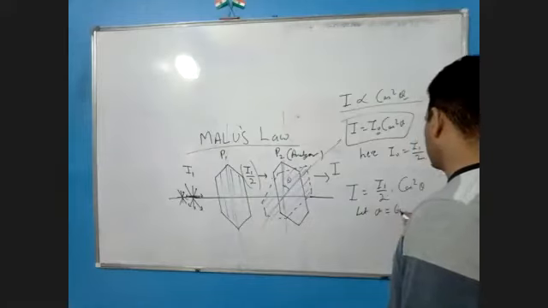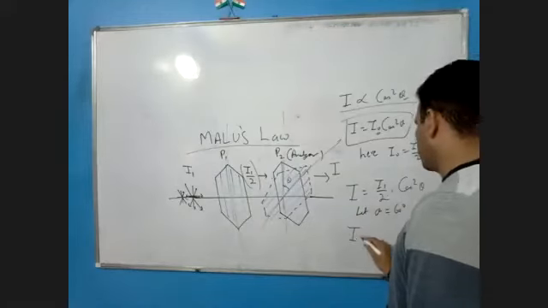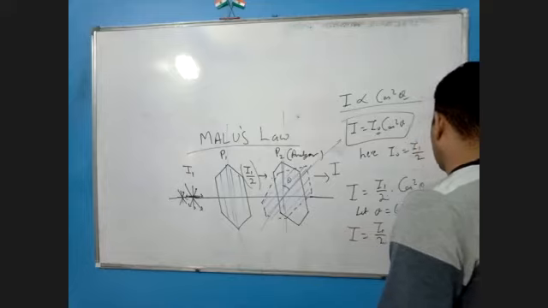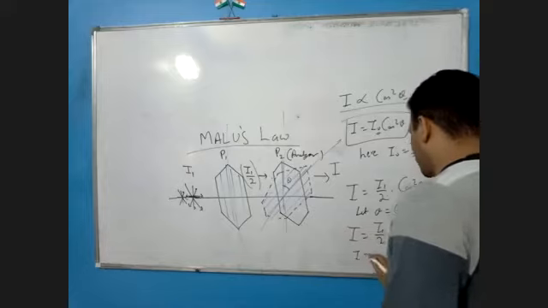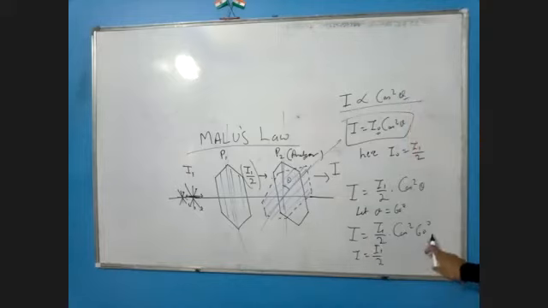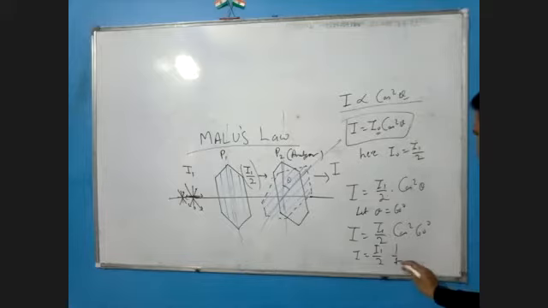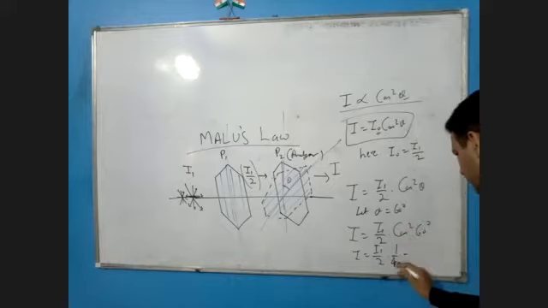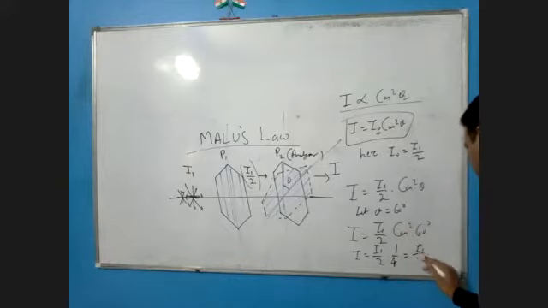So I equals I1 by 2 into cos square 60. Cos 60 is 1 by 2, cos square 60 is 1 by 4. It means I1 by 8.